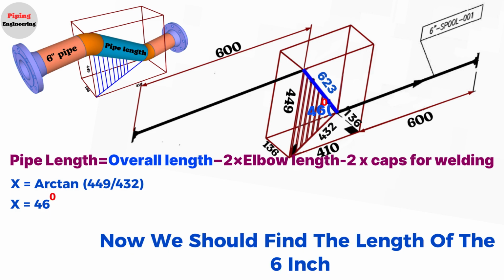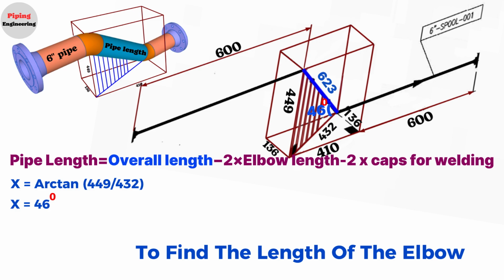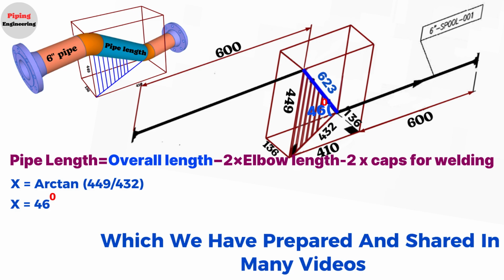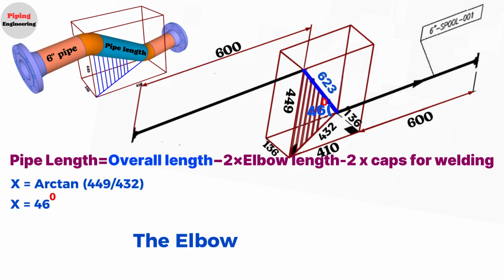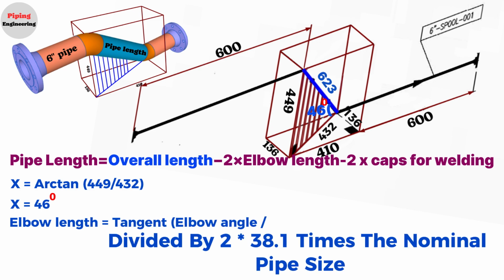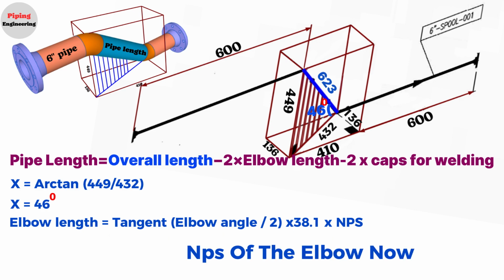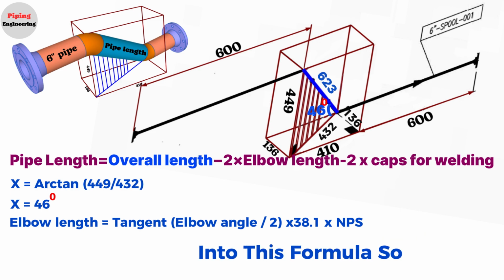Now we should find the length of the 6-inch 46-degree elbow. We will use this formula to find the length of the elbow, which we have prepared and shared in many videos previously. I will also include the links to those videos in the description below. The elbow length will equal the tangent of the elbow angle divided by 2, times 38.1, times the nominal pipe size, NPS, of the elbow. Now we will substitute our elbow angle and nominal pipe size information into this formula.